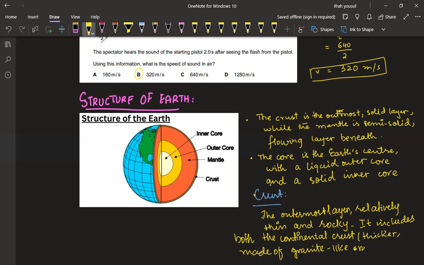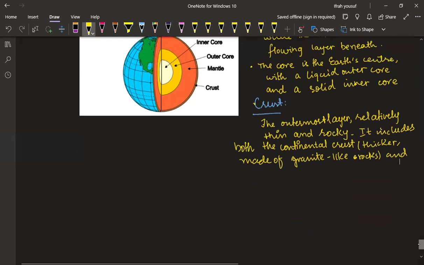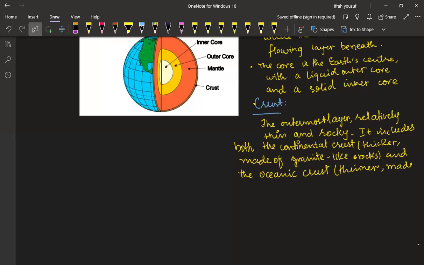They are strong types of rocks. Okay. And the oceanic crust, which is thinner, made of basalt-like rocks.